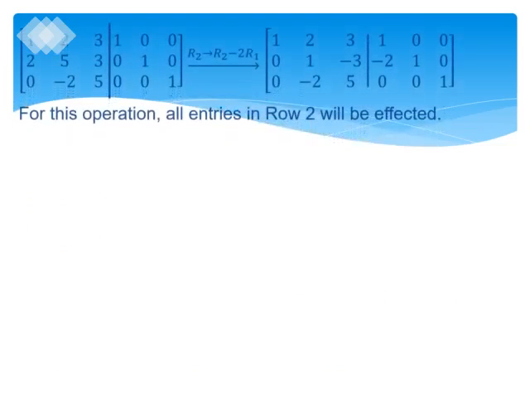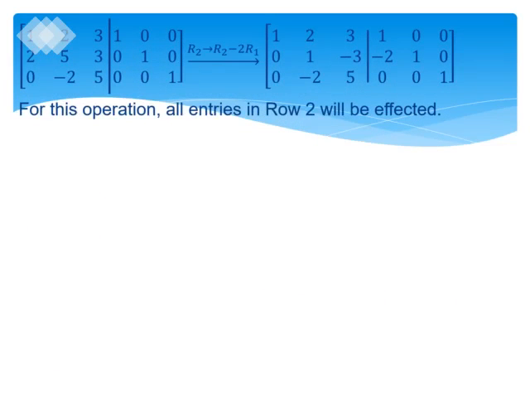Okay, next. This is the operation to make sure this part is 0. So we just have to change 2. So the operation is R2 equals row 2 minus 2 row 1.